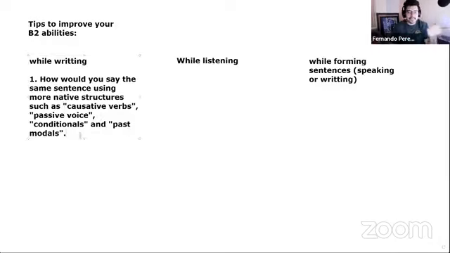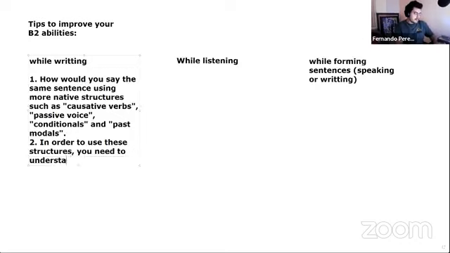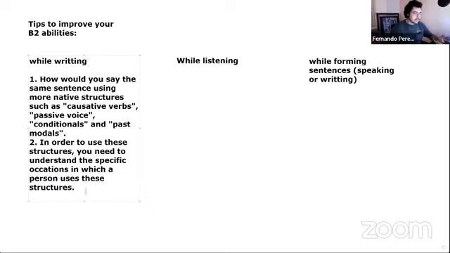In order to use these structures, you need to understand the occasions, the specific occasions in which a person uses these. What do I mean? Do you understand what I mean with number 2?